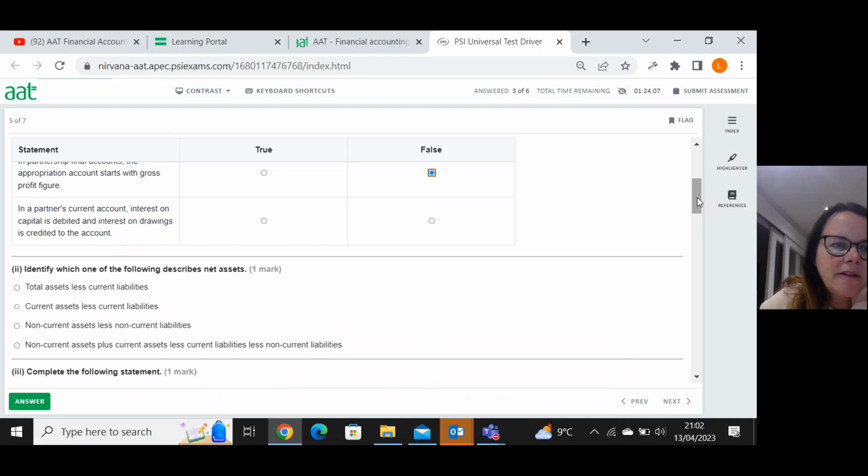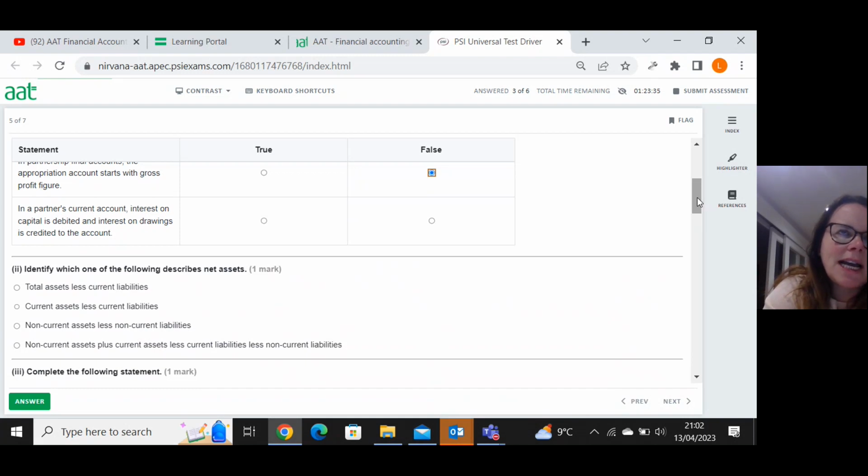In a partner's current account, interest on capital is debited and interest on drawings is credited. Right, so thinking about a partner's current account, remember that's showing how much the partnership owes to the partner. So anything that's credited is the partnership owes the partner more, and anything that's debited means that the partner owes to the partnership.